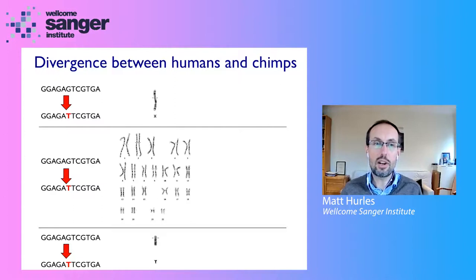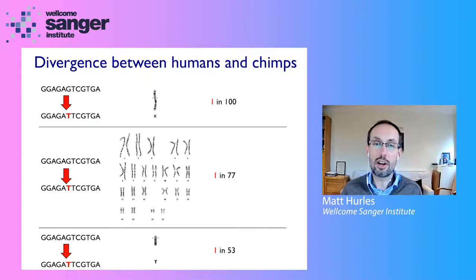So if one looks at the amount of single base changes that have accumulated between humans and chimpanzees in the human genome over time, one can see that, broadly speaking, that genome splits into three groups. There's the X chromosome, which has, between humans and chimpanzees, about 1 in 100 bases different.